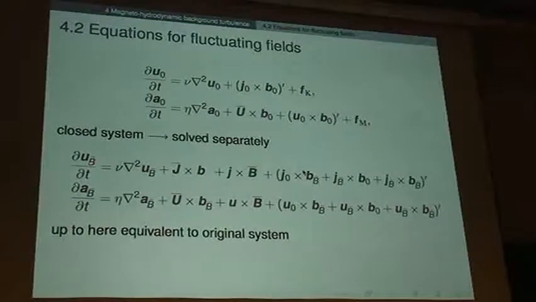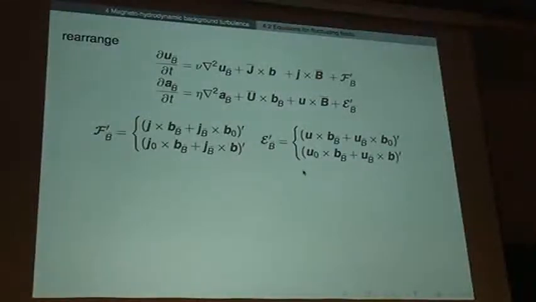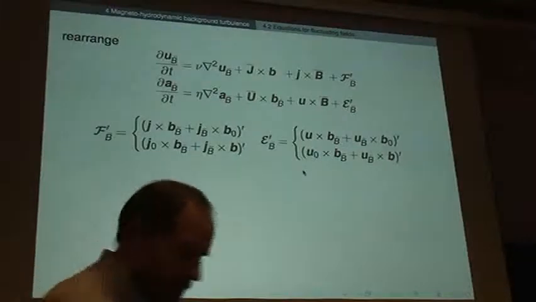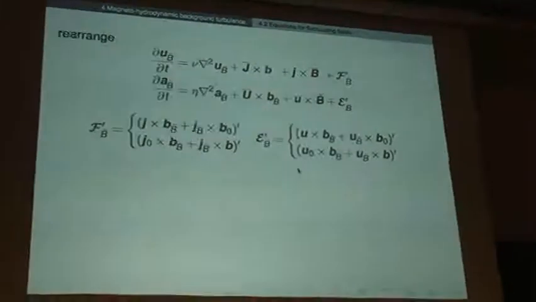The equations which we get for UB and AB are now those, and they are of course nonlinear because of these couplings here. And everything is still equivalent to the original system. Now, in the next step, I have rearranged the quantities a bit. I have at some places used the fact that the total fluctuations are these sums.